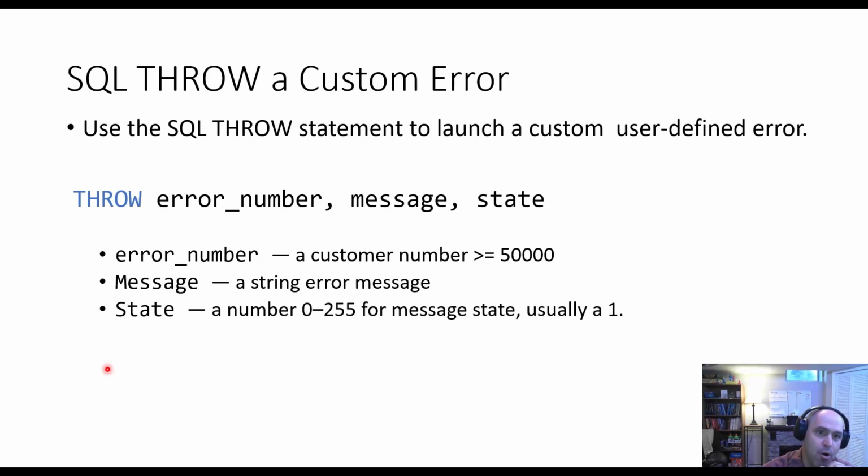You can then throw a custom error. And throwing a custom error allows you to generate your own error message that will then cause the transaction to roll back, because the catch statement will fall into the catch block because an error happened.